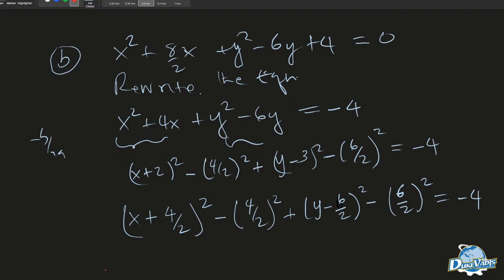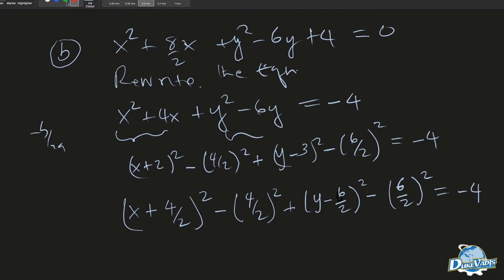So after that, this will be x plus 2 squared. This one will be minus 2 squared. You got it? This is y minus 6 over 2.